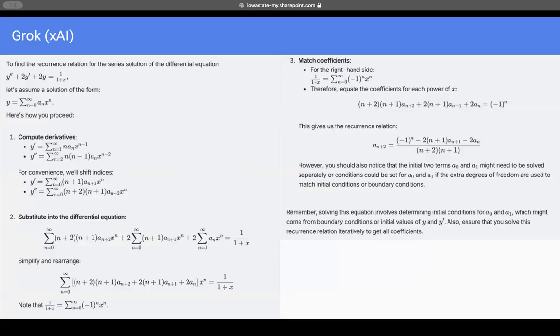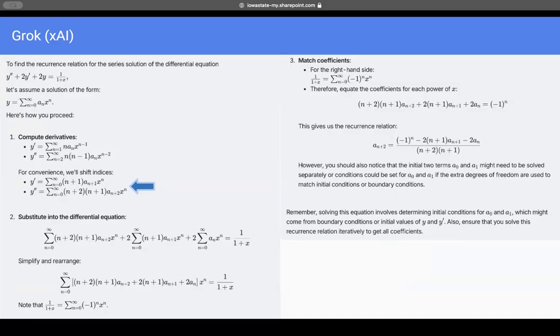Okay, so on to Grok, our third and final LLM for this problem. So it sets it up correctly. It takes our derivatives and it says, for convenience, we're going to shift it. So that's a nice little bit of explanation that ChatGPT didn't have.